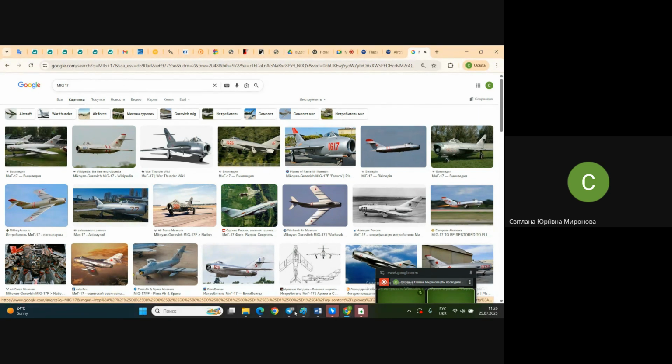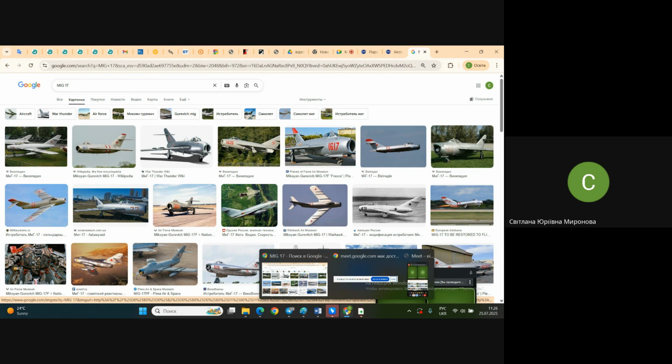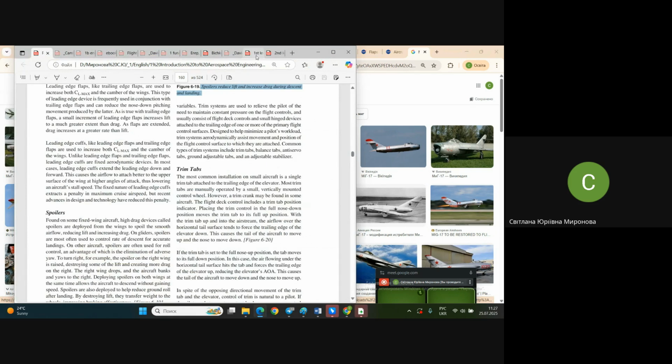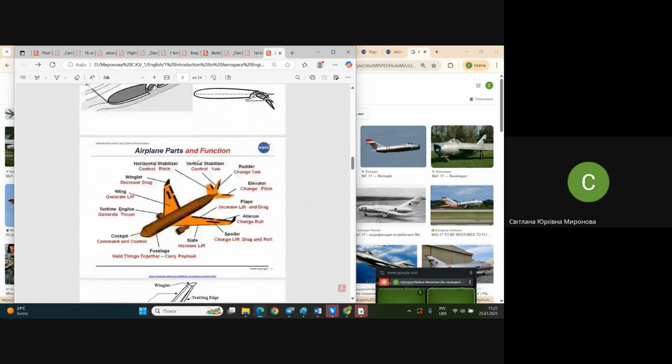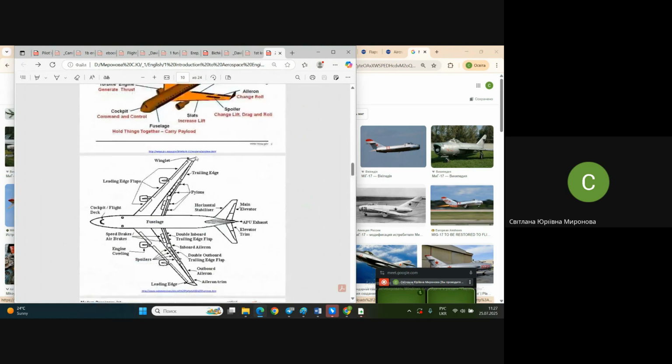As I said, flight controls are used, they are named, and so on. Not all airplanes have such flight controls because the variety of airplanes is really great in design. And in order to illustrate my words, maybe I need to open one more file.